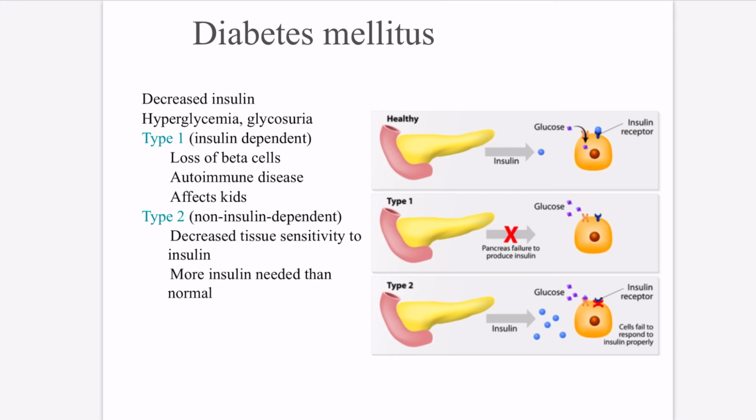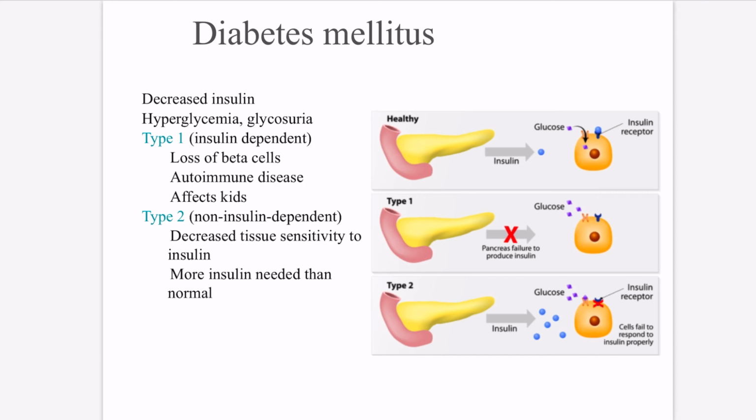Perhaps you've heard of diabetes, or perhaps you know of somebody who has diabetes mellitus, and there are two types here, type 1 and type 2, as you can see in these images. And so diabetes mellitus is marked by a decreased insulin effect, and this can cause hyperglycemia or glycosuria.